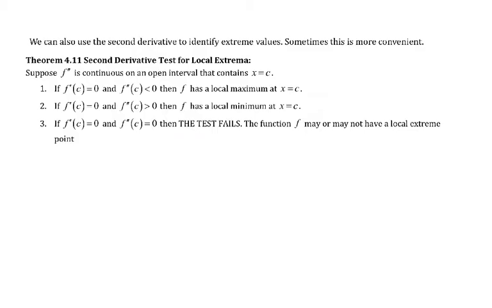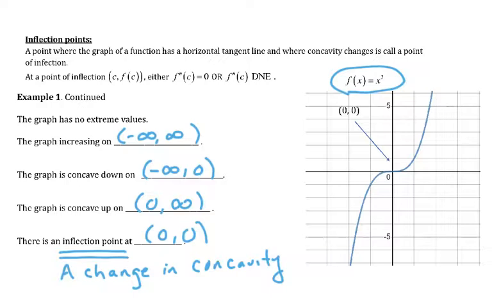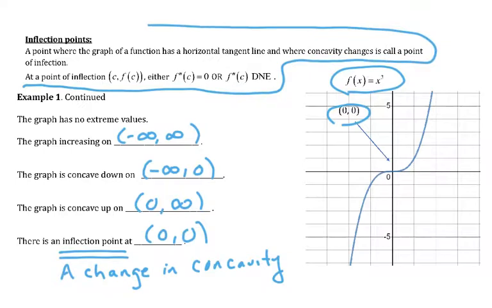We call the place where we switch from being concave down to concave up an inflection point. And here is the definition of what it means to be an inflection point.